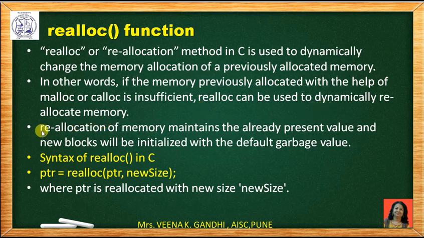A reallocation of memory maintains the already present values of the previous block, and the new block will be initialized with the default garbage value. Syntax: ptr equals realloc ptr comma new size. Now new size contains the bytes of the previous block plus the new required size, so ptr is reallocated with the new size.